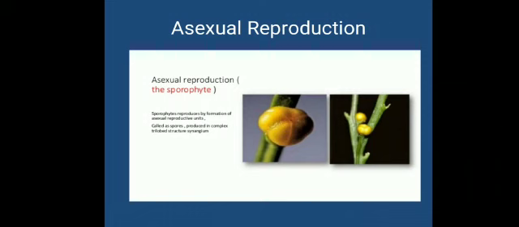Spore production. The Psilotum plant body is a sporophyte. It produces a special type of spore-producing organ called the synangium. Here three different sporangia are fused to form a synangium. The spores are formed in special spore-bearing structures known as sporangia.